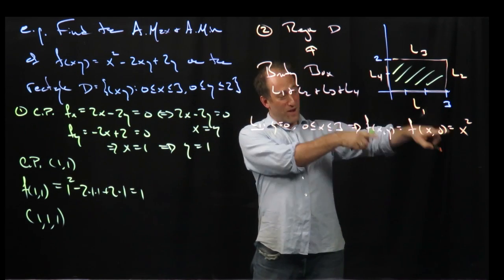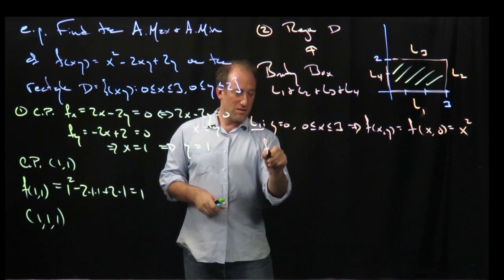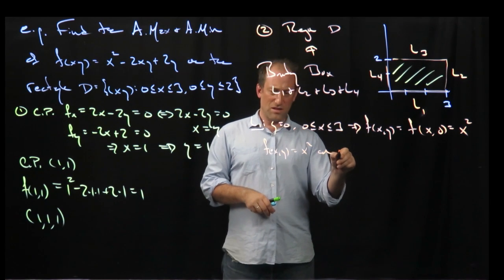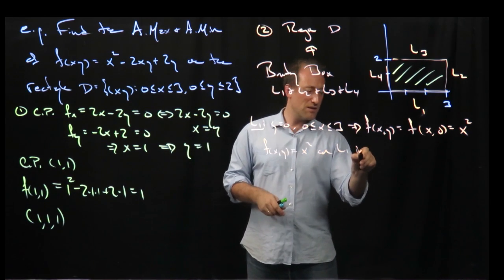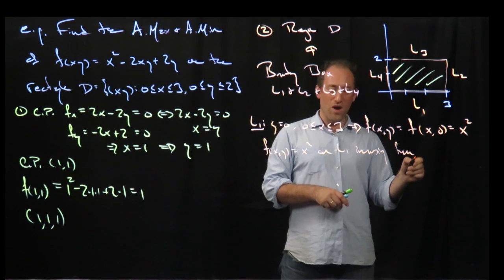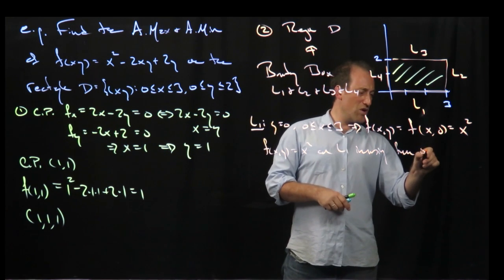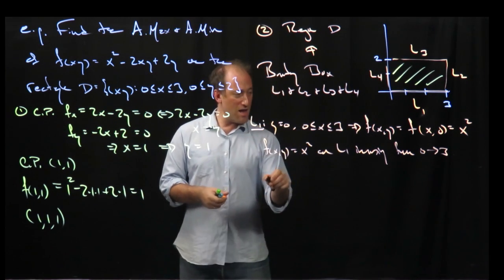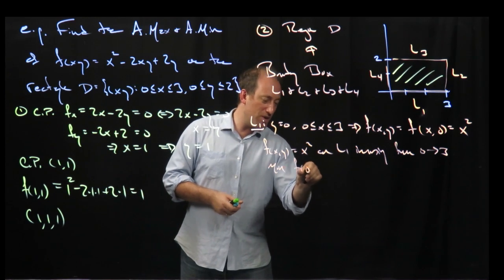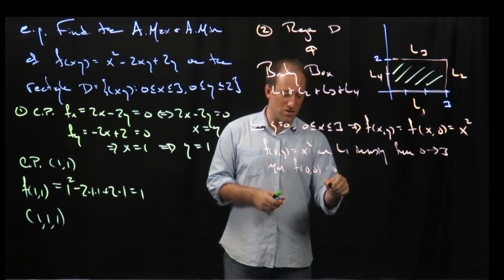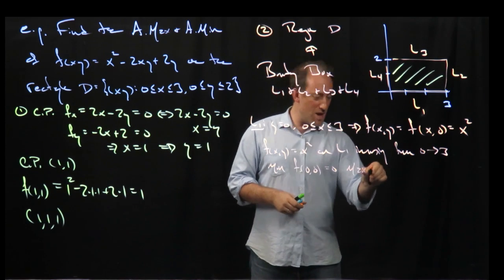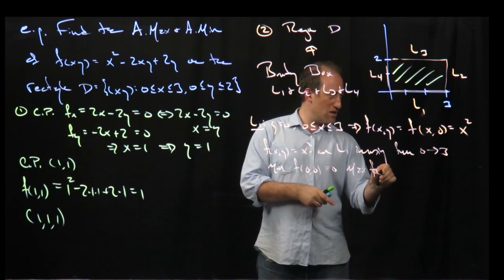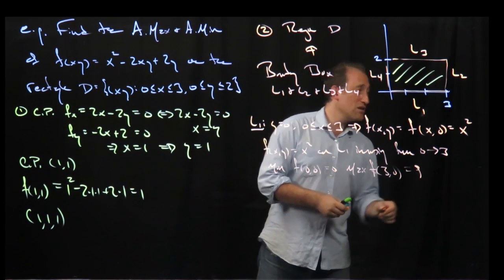So I've got a function increasing in x, f of xy equals x squared on L1, which is increasing from 0 to 3. So that says I'll have a minimum at f of (0, 0) equals 0, and a maximum at f of (3, 0) equals 9.